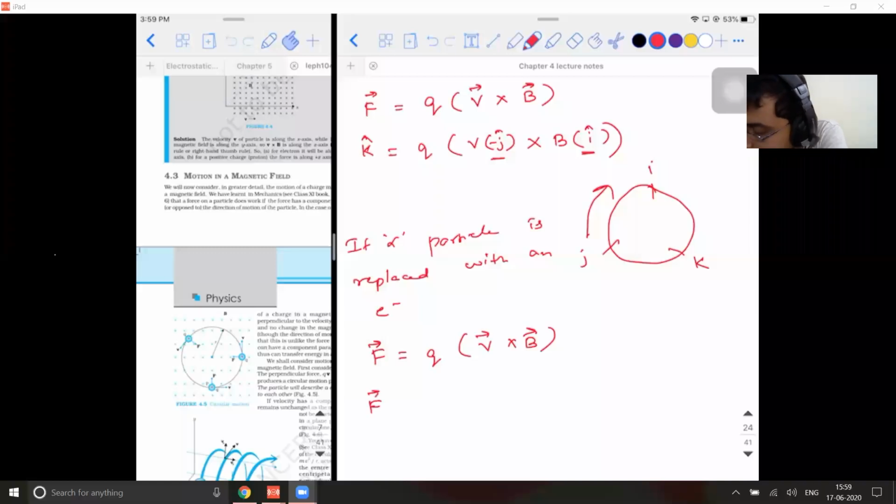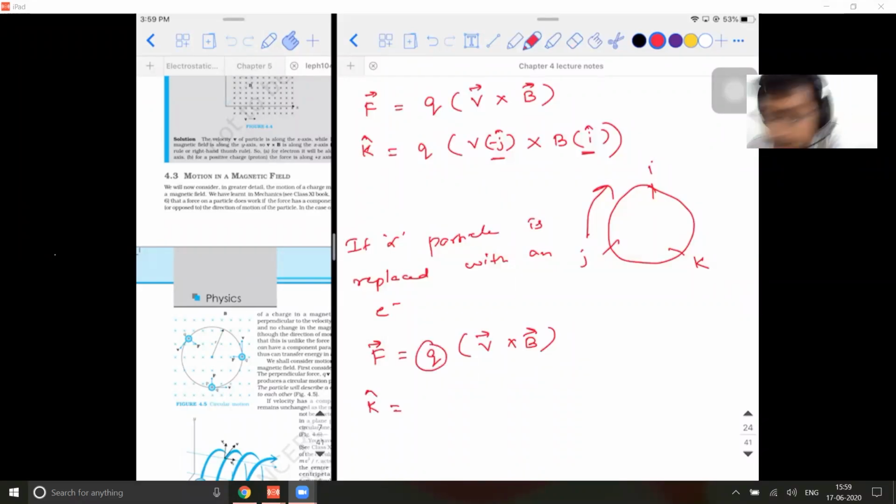So if F vector is expected in the direction of K cap, so K cap is equal to, here what should I write? I should write minus e, okay, because it's a negatively charged particle. V, I need to find the direction, cross B in which direction? In the direction of I cap. So which vector cross I cap will give me K cap? It is minus J, right?